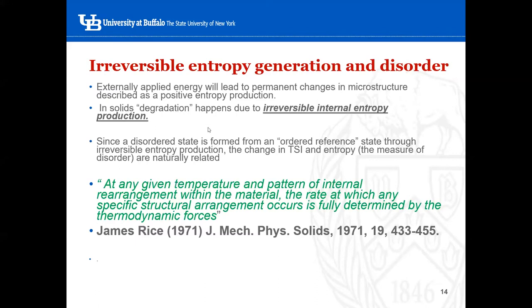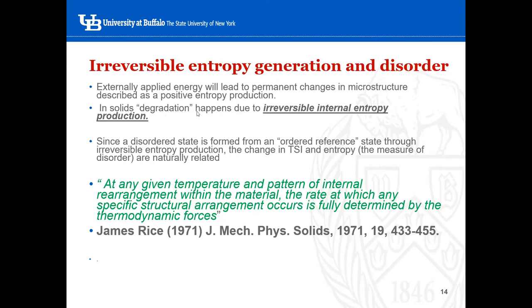But it has been known that irreversible entropy generation and disorder are governed by laws of thermodynamics. It is not that they did not know; we know that they knew that externally applied energy will lead to permanent changes in the microstructure, described as a positive entropy production.